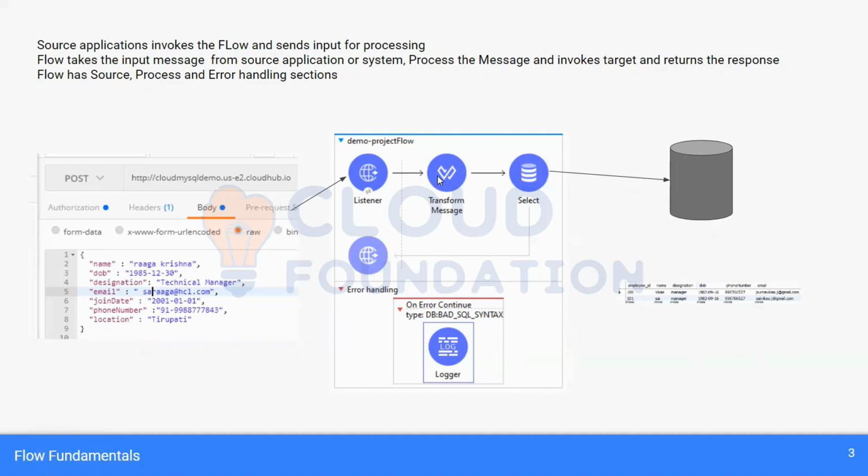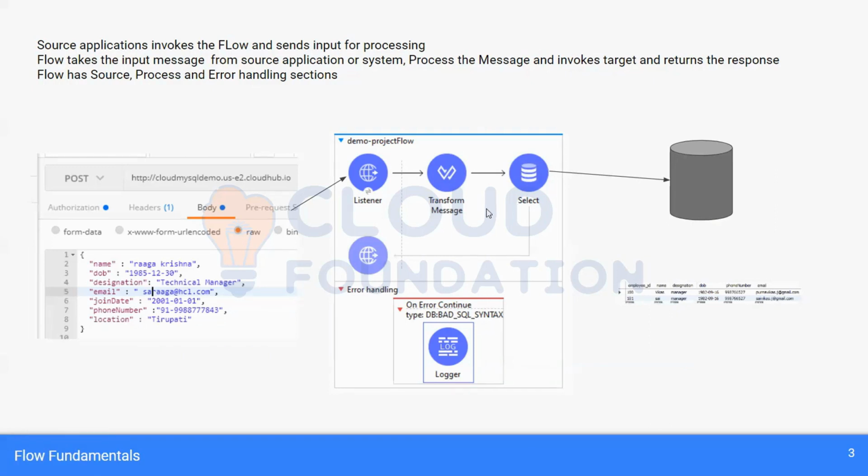Right now I'm saying this at a high level; going forward we will see what Transform Message is and how we transform things. After transforming, we insert the message into the database. Transforming and inserting is called processing. This is the process section.